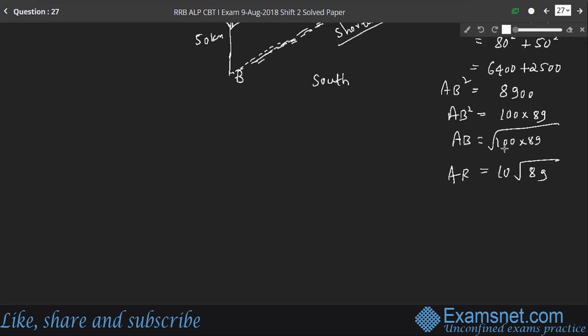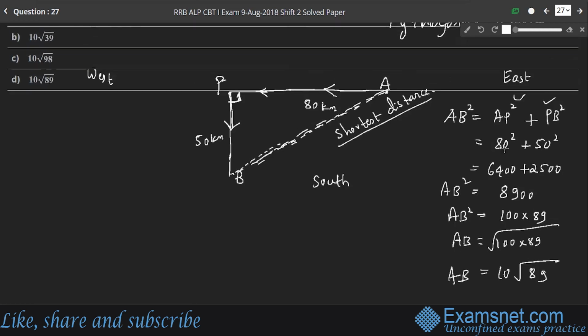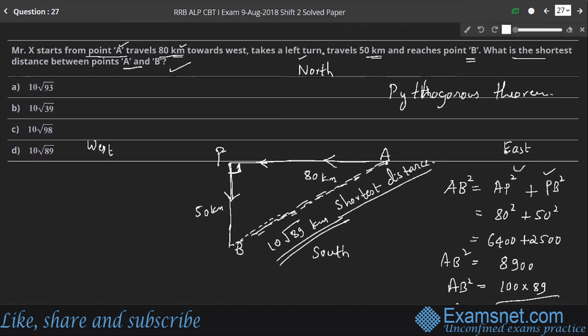So AB is the shortest distance, 10 root 89, in kilometers. Unit is in terms of kilometers. So 10 into root 89, option D is the right answer. So this is the shortest distance between A and B.